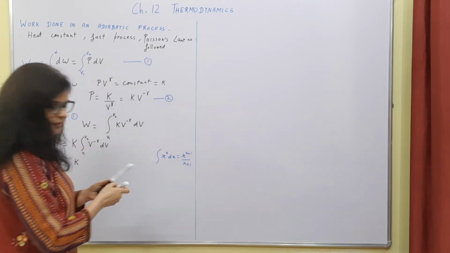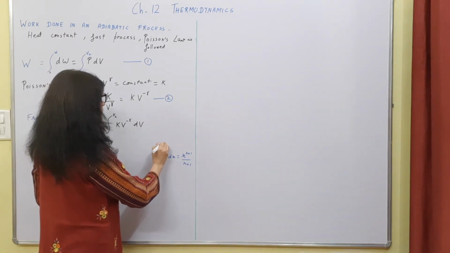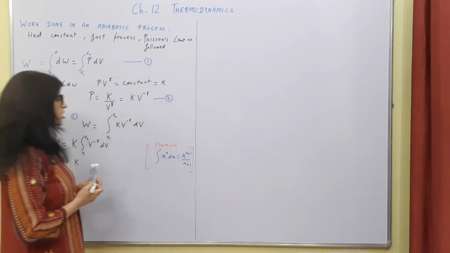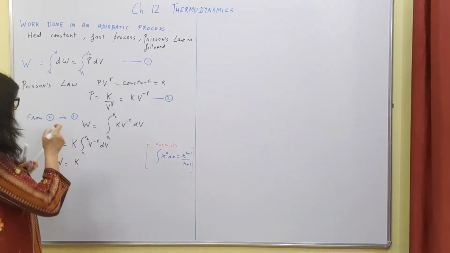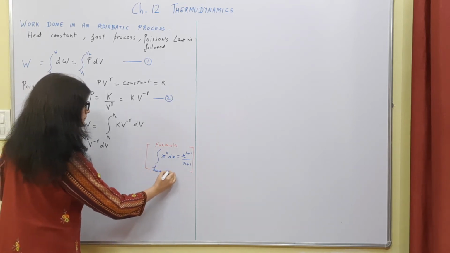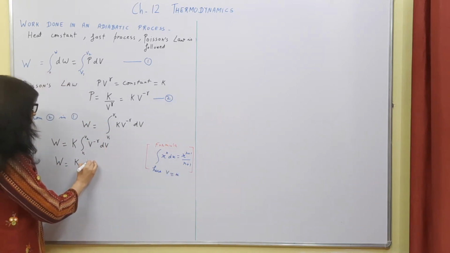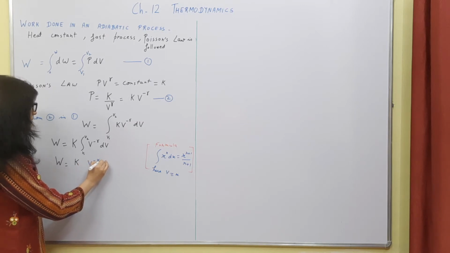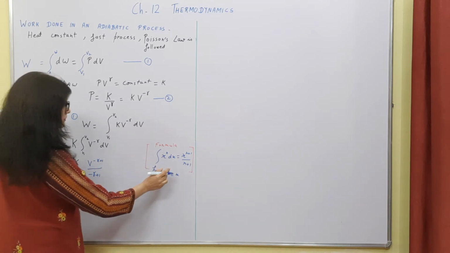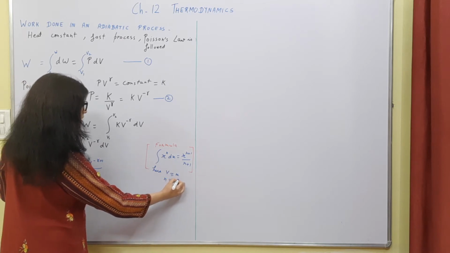Here V is equivalent to x and n is equivalent to minus gamma.